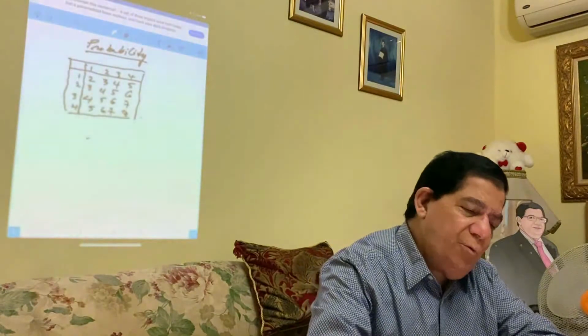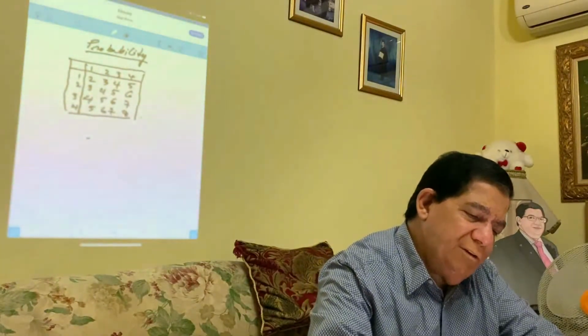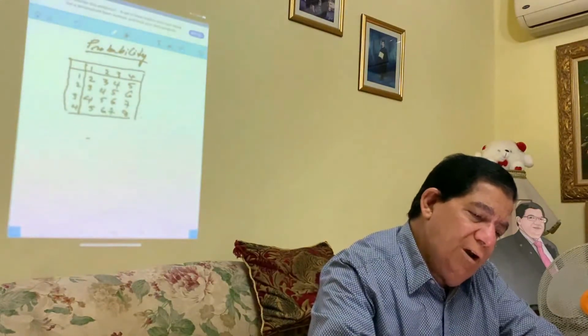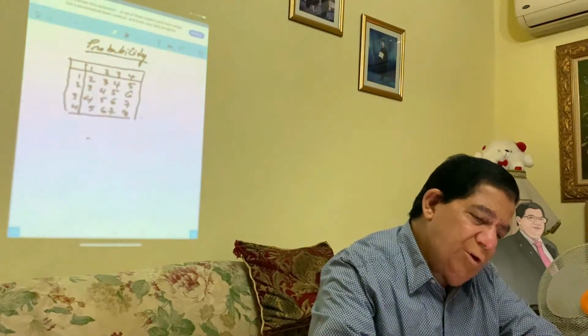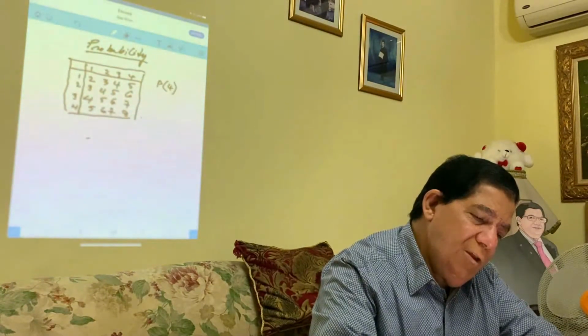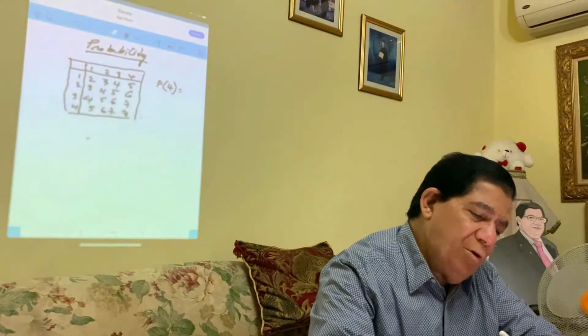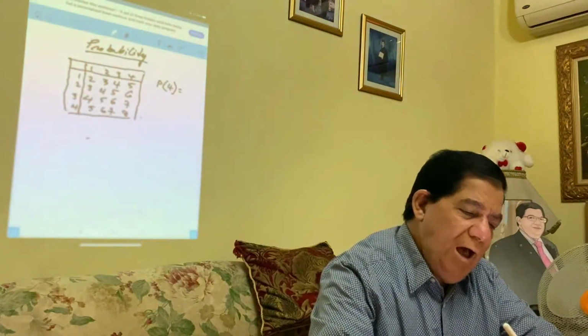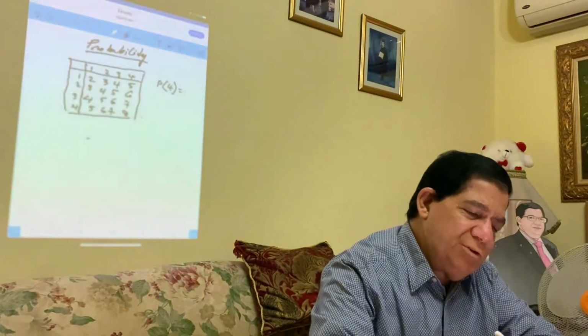Now, if the event is that the score is 4, what is the probability of 4? We count the number of 4s, 1, 2, 3, out of how many? 16.